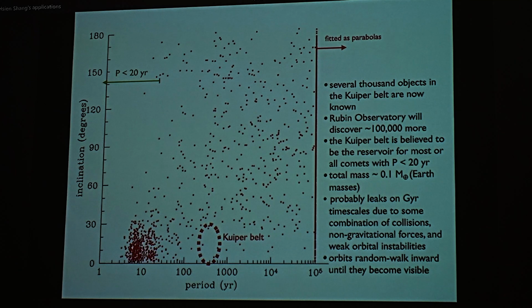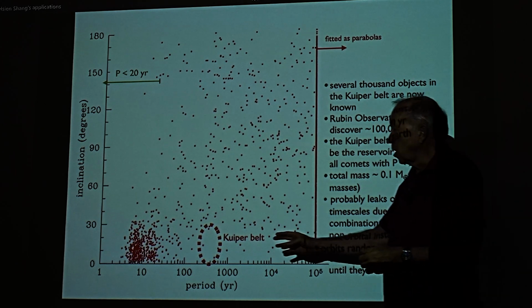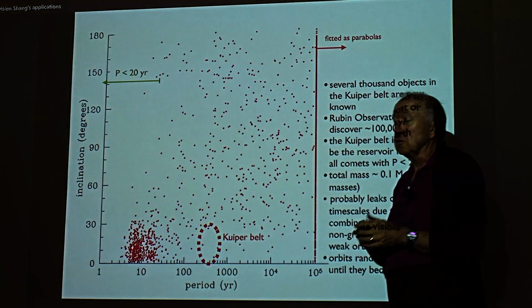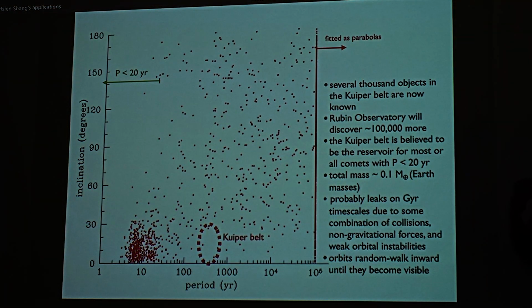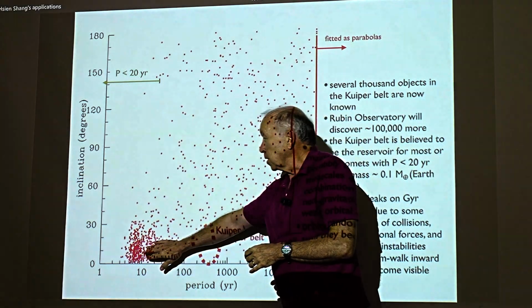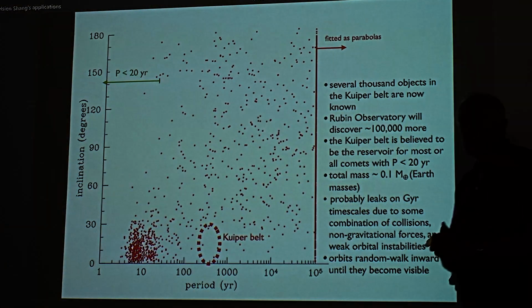And those instabilities cause comet orbits to random walk, or change in eccentricity, until they cross Neptune's orbit. And then they have continued interactions with Neptune and the other planets until they random walk down to sufficiently small orbital period and perihelion distance that they become visible in this cloud.